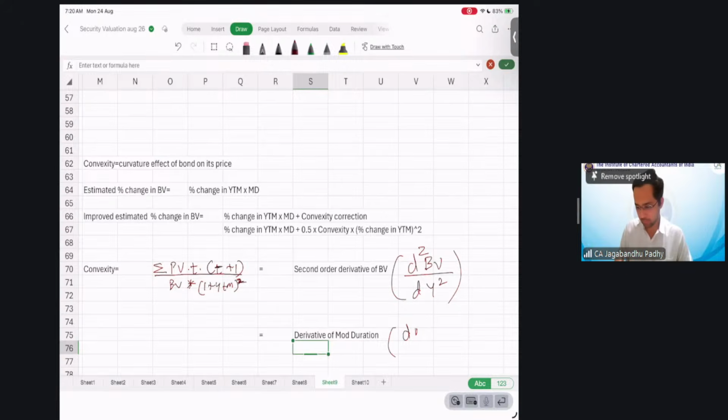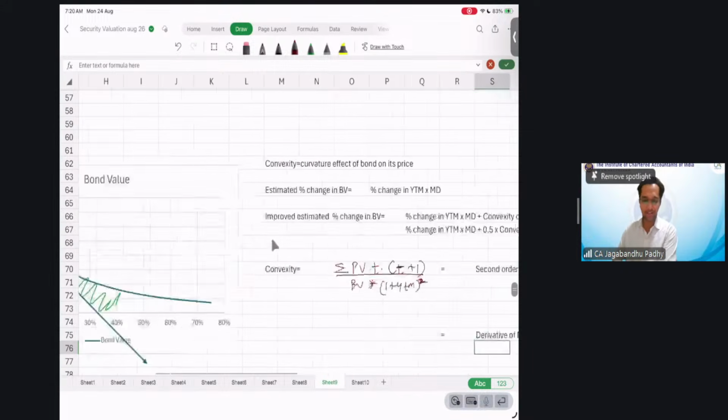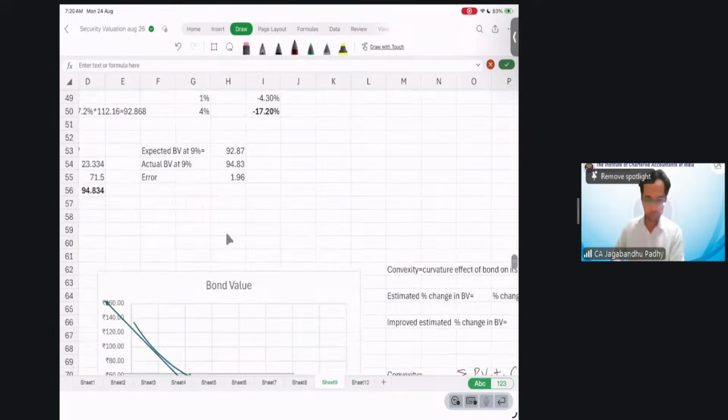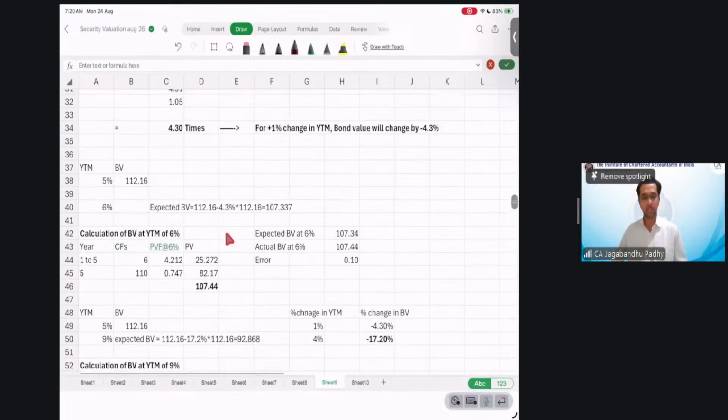Convexity is what? Once you have computed the first order derivative, from bond value to modified duration, then from modified duration to convexity you have a second order derivative. And when we use this formula in our estimation, we will find that the error we were getting is almost eliminated.